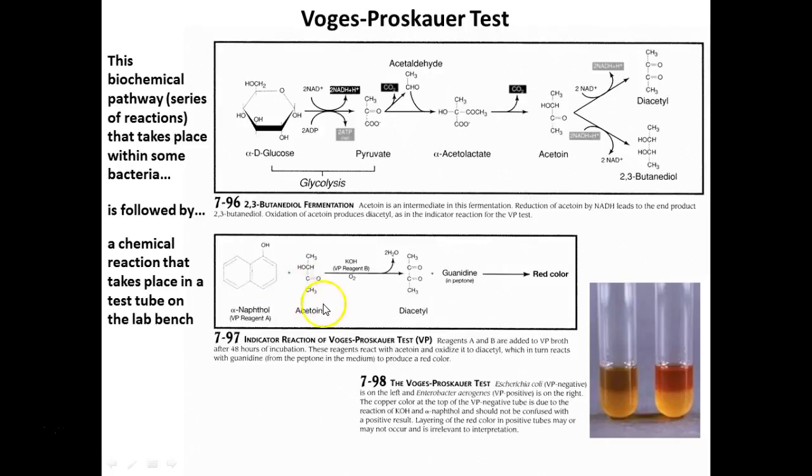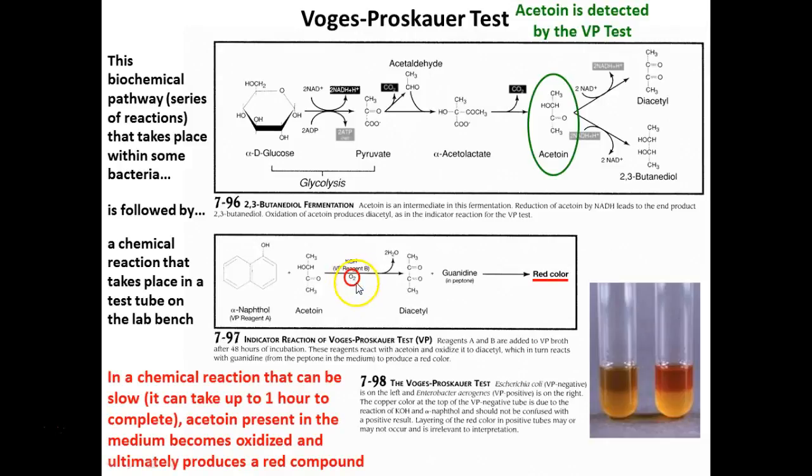So if the acetoin's present, when we add the alpha-naphthol, it binds to it. Then we add the potassium hydroxide, and this is why we got to shake our tubes, is that we add oxygen to this reaction by flicking our tubes vigorously and getting those bubbles in.